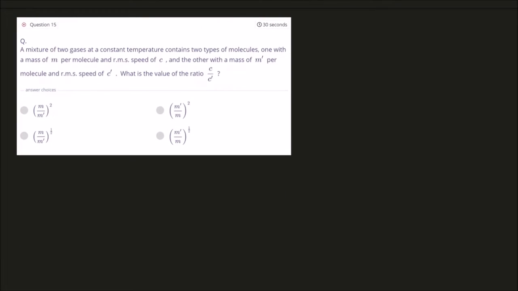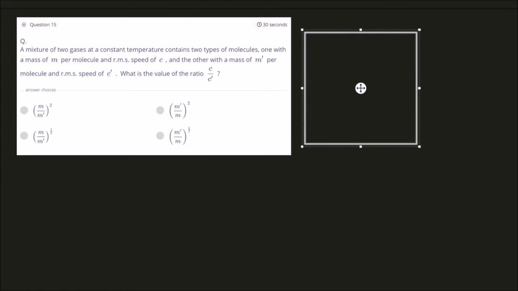Question 15. A mixture of two gases at constant temperature contains two types of molecules. Okay, this sounds like a chemistry question rather than a physics question, but never mind, it's still a question. So you have a gas container.